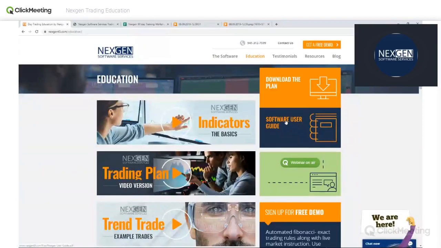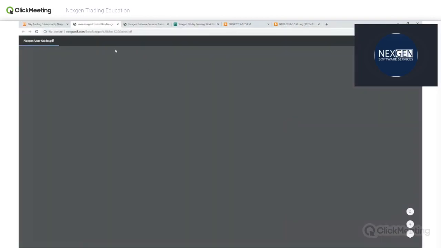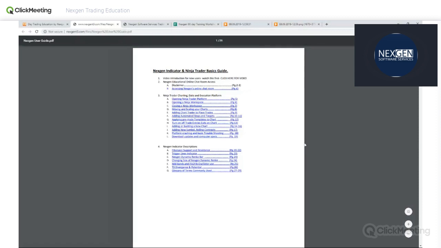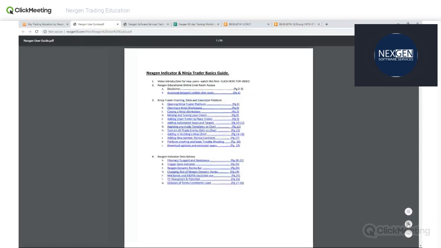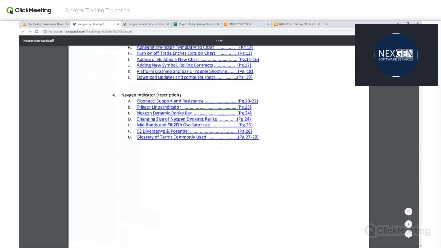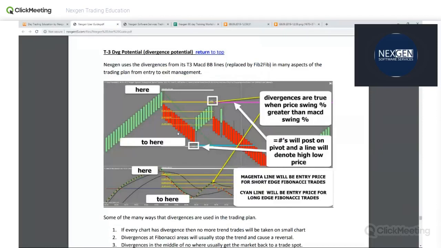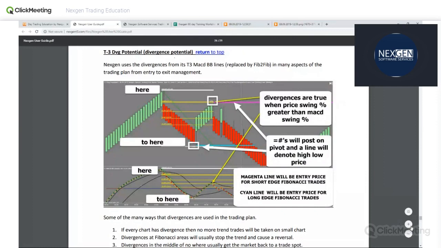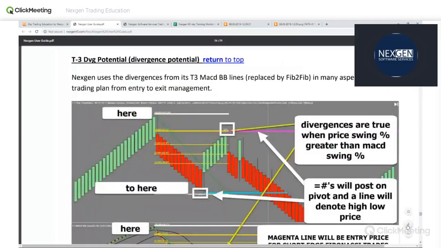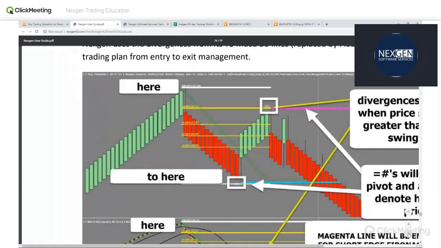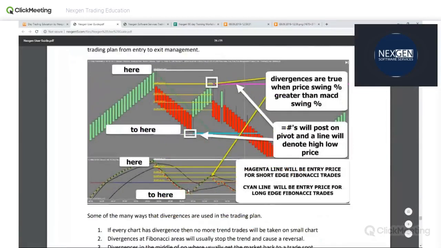On the software user guide, which again a lot of people don't read, when we look at the indicators and we look at T3 divergence and potential divergence, I'm doing this from the user guide. We used to use the MACDs a lot.